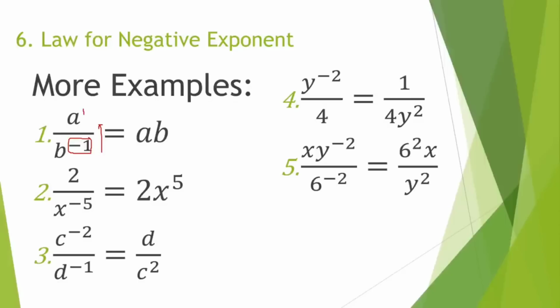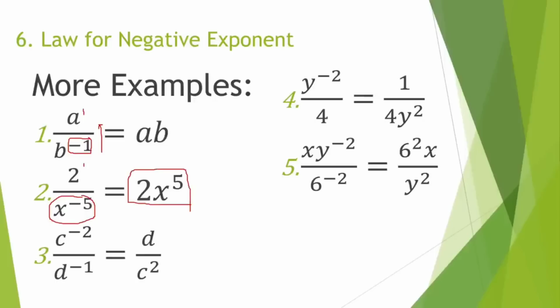For example 2, we have 2 over x raised to negative 5. Since the exponent of 2 is also positive, it stays in the numerator. Only x raised to negative 5 will be moved to the numerator. That's why it can be written as 2 times x raised to 5.